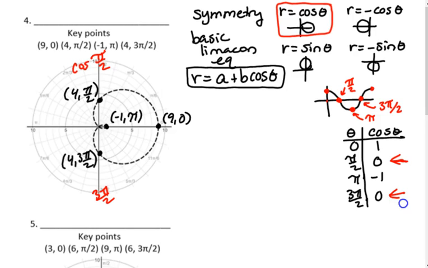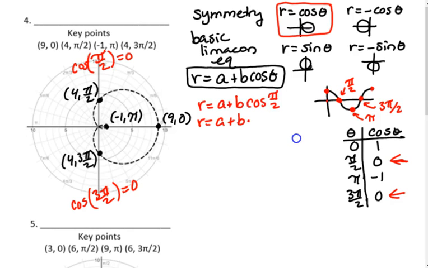So I know that cosine of pi over 2 equals 0, and I know that cosine of 3 pi over 2 equals 0. So when we're looking at our basic graph, if the cosine part is equal to 0, then what is r going to equal? Well, just a. So let's just write this down. r equals a plus b cosine of pi over 2. r equals a plus b times 0, which is just a.